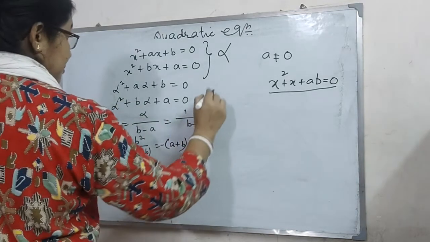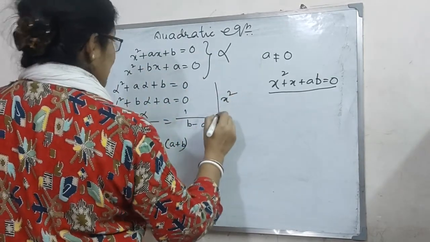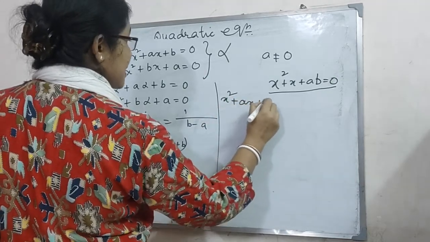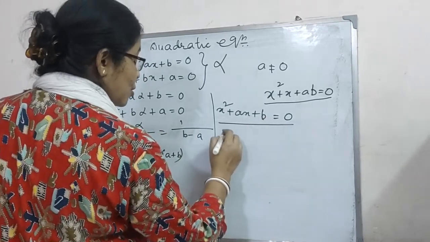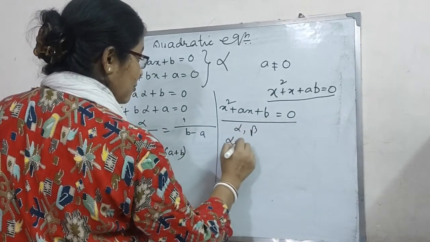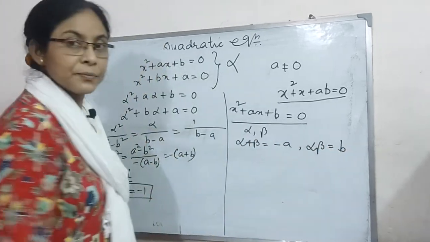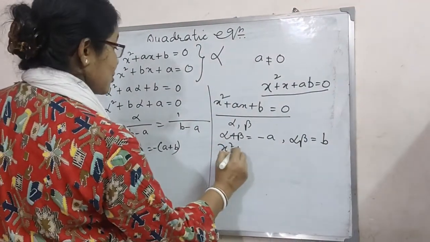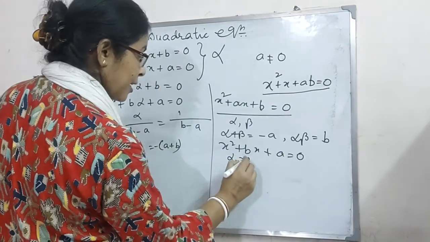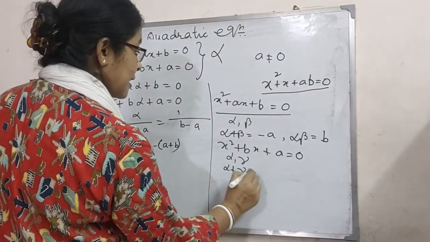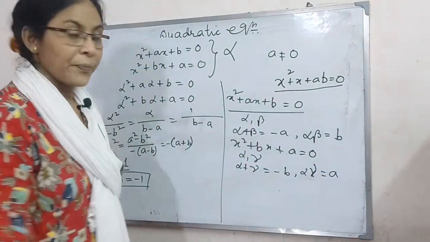If the two roots of x square plus ax plus b equal to 0 are alpha and beta, then alpha plus beta equal to minus a and alpha beta equal to b. And if the two roots of x square plus bx plus a equal to 0 are alpha and gamma, then alpha plus gamma equal to minus b and alpha gamma equal to a.